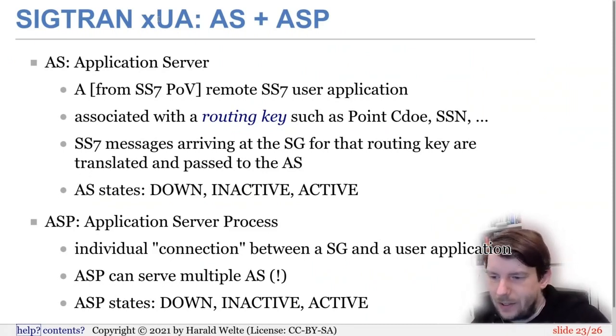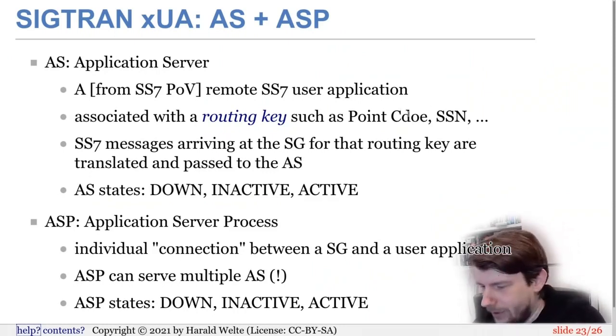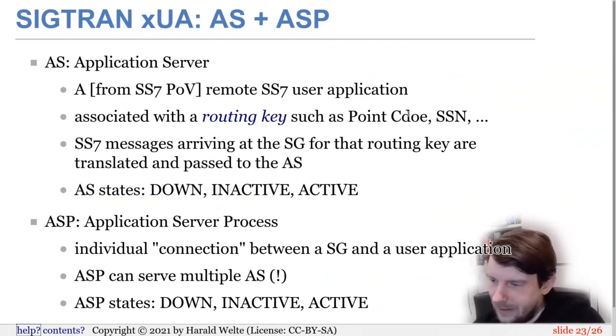An application server is associated with what's called a routing key. Now, a routing key is, for example, a point code and/or subsystem number. So in the signaling gateway, you configure, for example, point code 23 with subsystem number 8 gets routed to application server X.